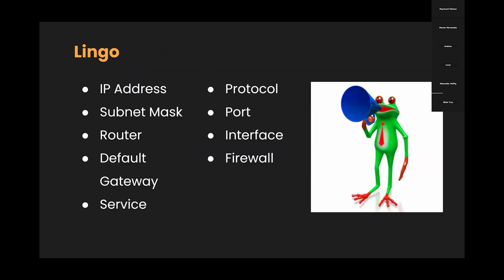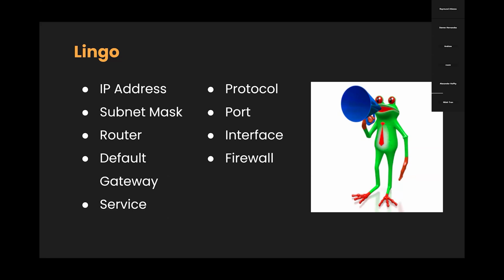And now I'll be going over some vocabulary that we'll be using today. The first one is an IP address, and that's just a unique identifier of a device on a network. So you can think of IP addresses as a house, where each house might be on the same street, but they all have different identifications, which is the numbers of the house.